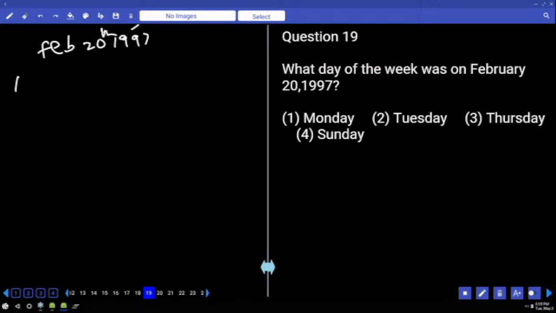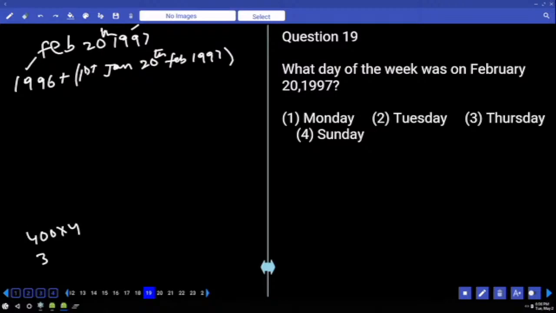Hence, from 1st January, 1st AD to 1996, first we need to count, plus 1st January to 20th February 1997. Now these are the total number of odd days. Then 1996 can be written as 400 into 4, 1600, plus 300 into 1, 300, 1900. And 400 years will have 0 odd days.